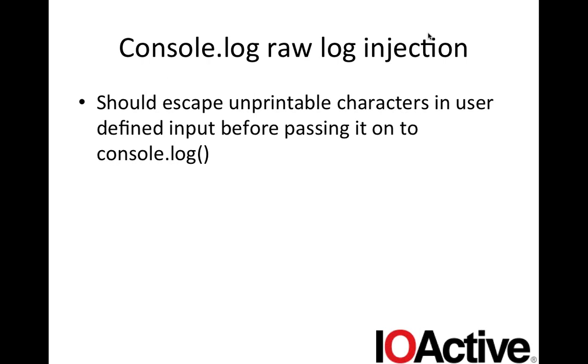In the past, we've seen these attacks called terminal escape codes. So if I can inject some weird terminal escape codes into the console.log file, and then the admin views it, depending on which terminal they're using, it may allow reading or writing files or even executing commands depending on what the terminal does. That's one. And the other is that you might be able to inject unprintable characters that fool the administrator.